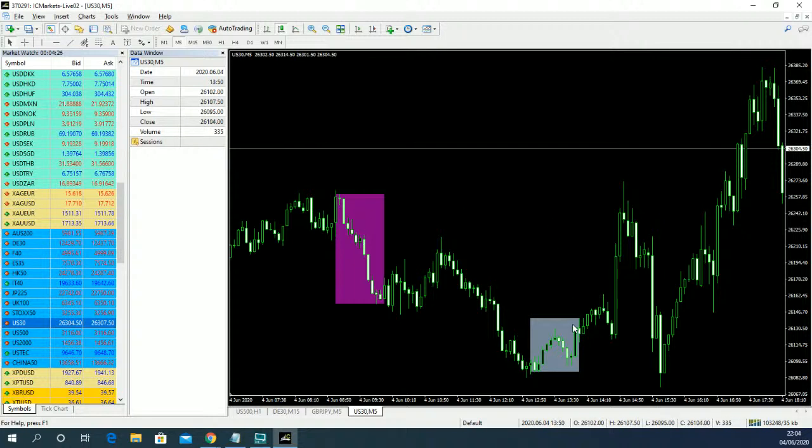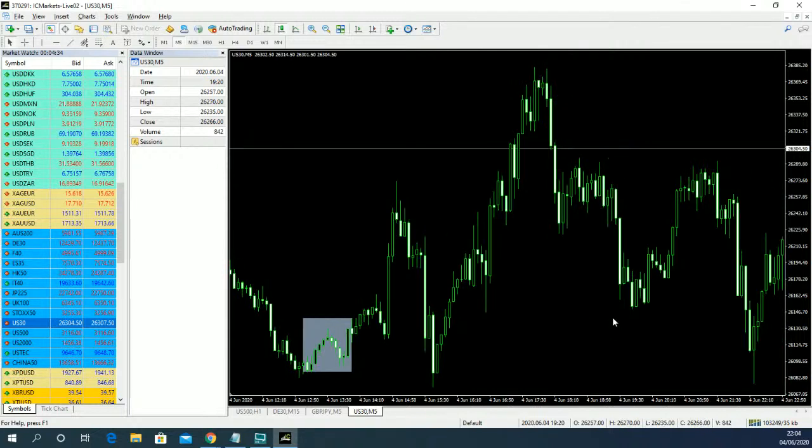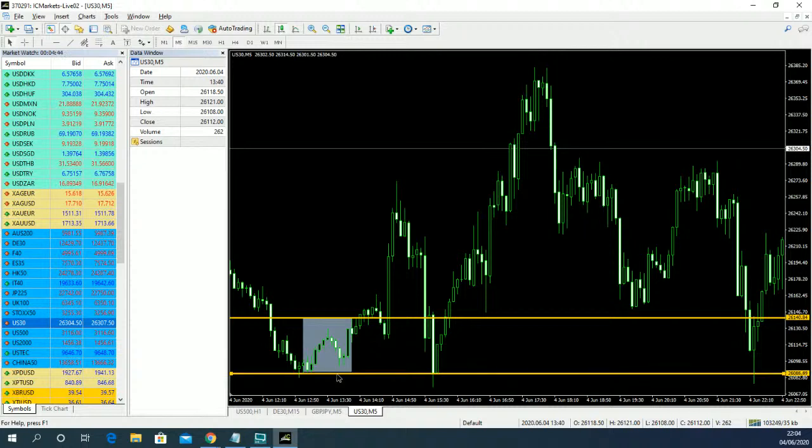If you go with the American session for this particular US 30, you will make some pips here, maybe TP1 and TP2. In fact, if you look at it, you will make good pips on this one today. Let's analyze it. You put your two lines on that US session. You go long here at the close of that little candle.